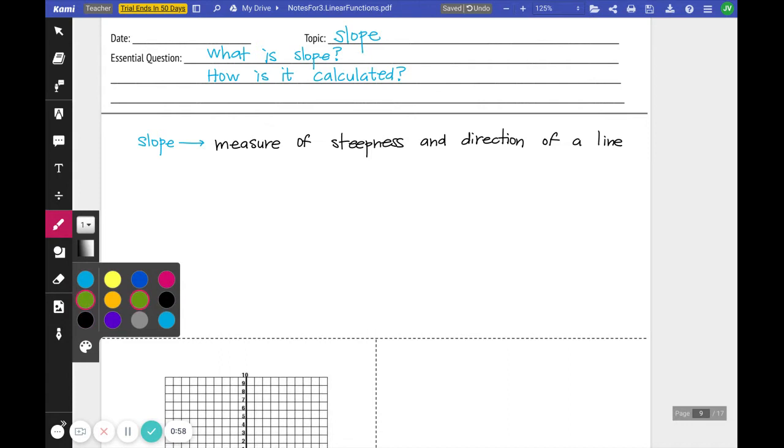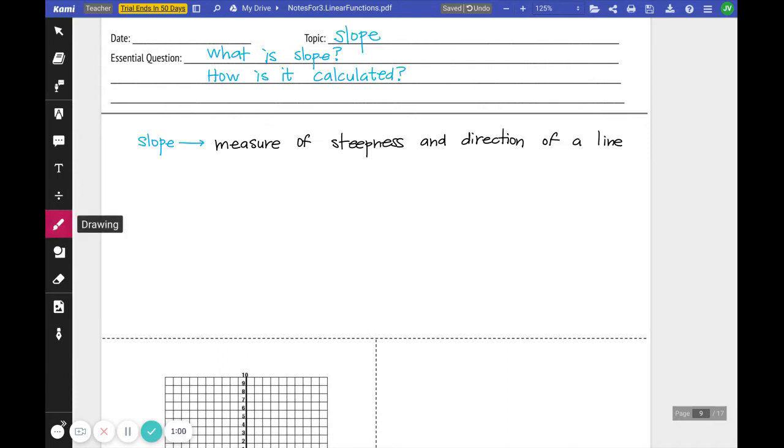So in terms of direction, if a line is going up, it will have a positive slope. If it is going down, it will have a negative slope. If it's horizontal, its slope will be 0.